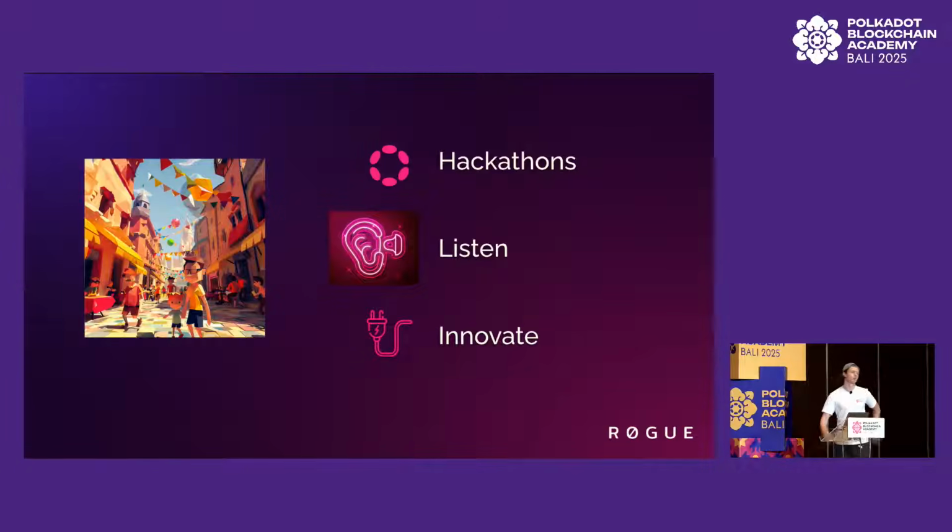I think this is a problem, or that was hard previously with this scattered ecosystem. Because there was no central place where we could really just talk to people, and it was fun. And anyway, listen and improve. And then lastly, innovate.